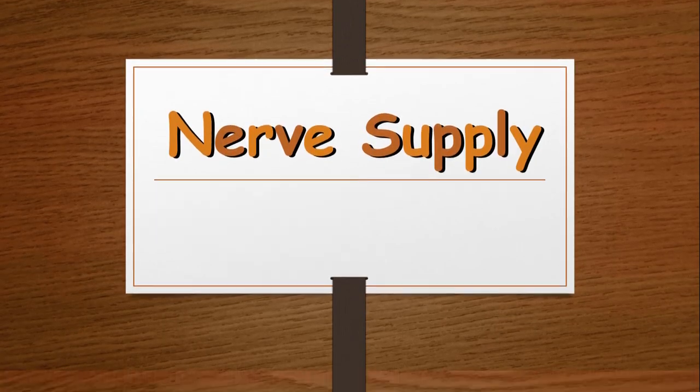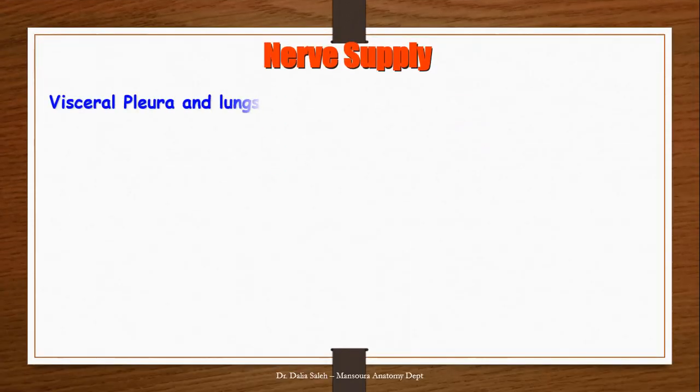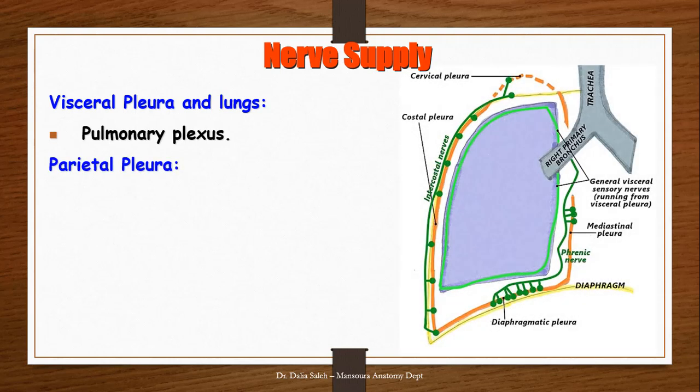And for the nerve supply, again, the lungs and the visceral pleura are supplied by the pulmonary plexus, which is autonomic nerve plexuses, while the parietal pleura is supplied by somatic nerves. So the costal pleura is supplied by the intercostal nerves, the same nerves that will supply the muscles of the intercostal spaces.